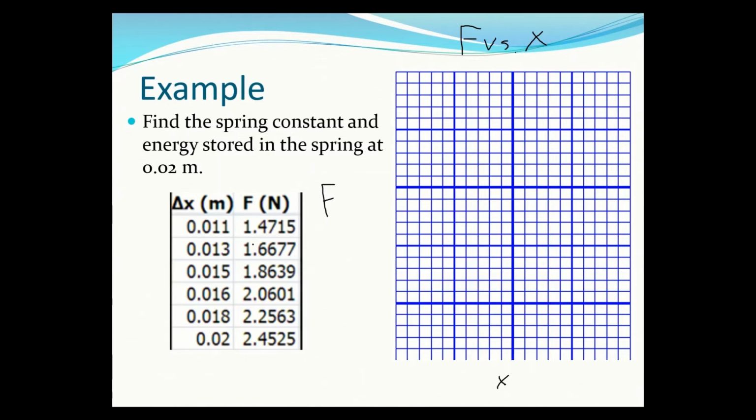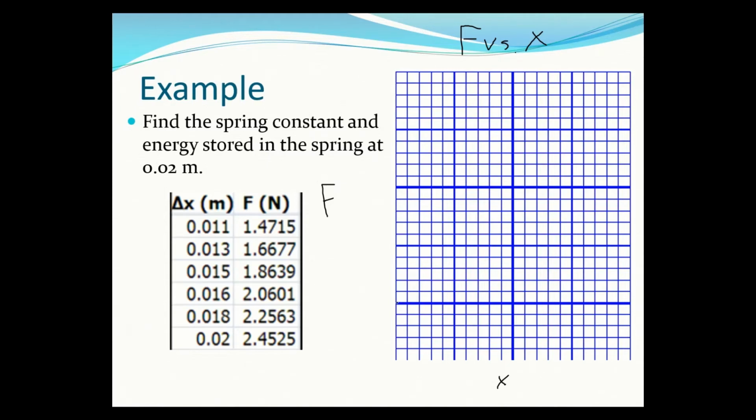And if we look at our scale here, we go from about 1.4 to about 2.4. We don't use a compression line because we're finding the area of the graph, and you never want to use a compression line when finding the area of the graph.